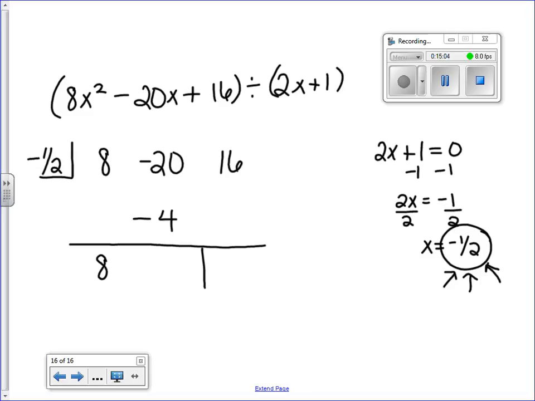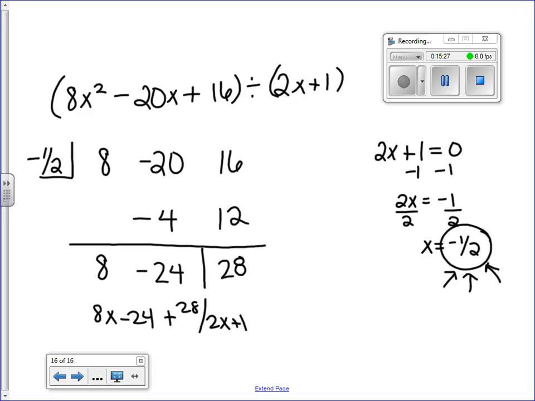Negative 20 plus negative 4. Negative 1/2 times negative 24. 16 plus 12. 8x minus 24 plus 28 over 2x plus 1.